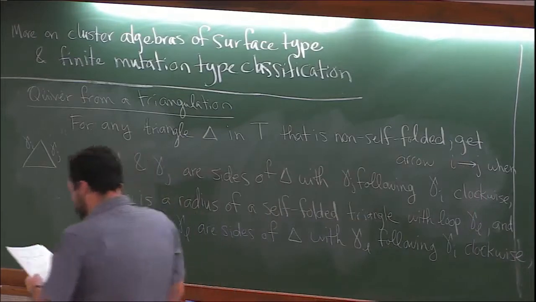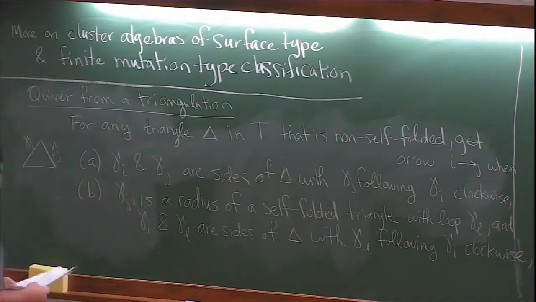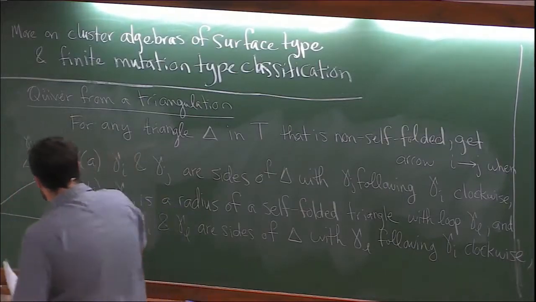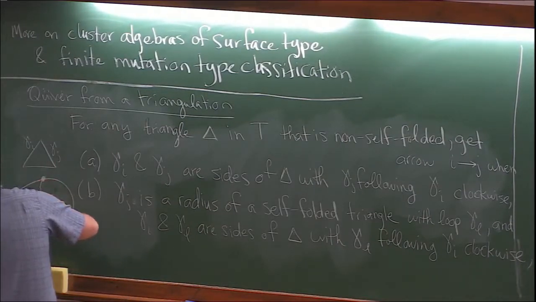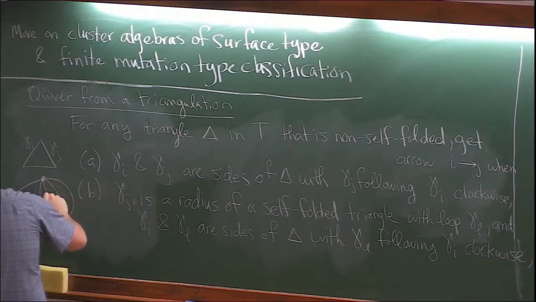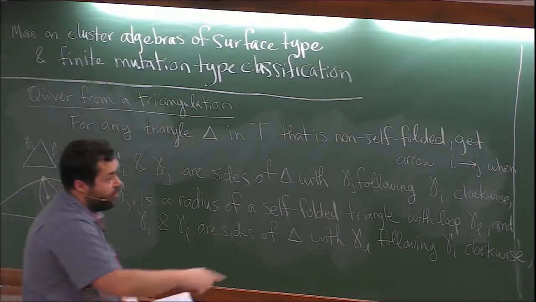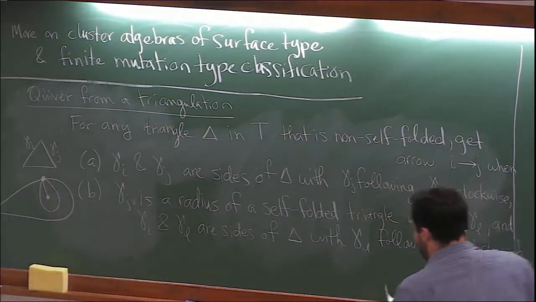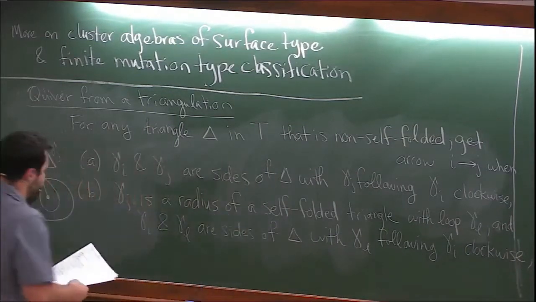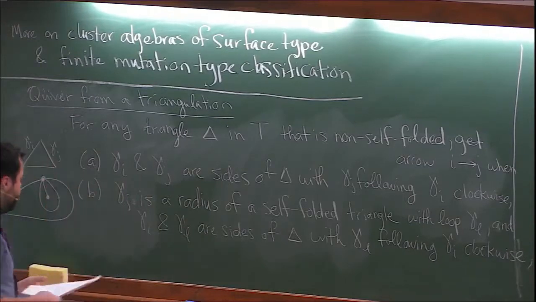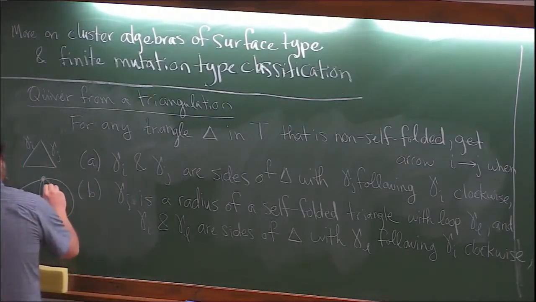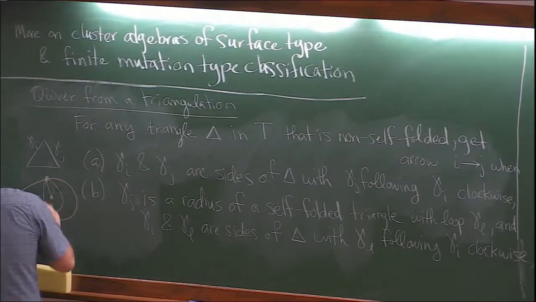Okay? So here's the picture of this. I have something that looks like this, and I have a self-folded triangle, so let's have a marked point. And just to fit everything, I'm not going to write the gammas. I'm going to write i, j, L. So here, this radius is called j.